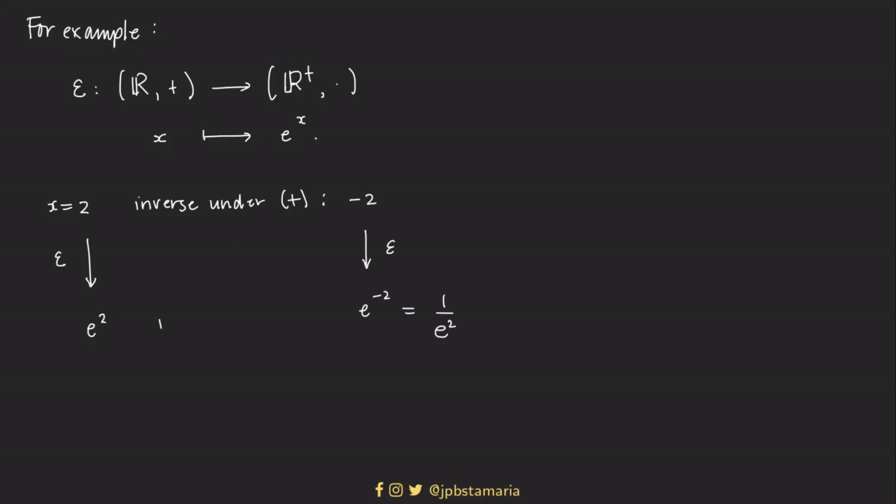So, yung inverse under multiplication ng e squared ay 1 over e squared. Yun yung ibig sabihin natin when I say epsilon of the inverse of 2. In this case, ang inverse nga lang kasi negative 2. No? So, tatandaan nyo, although in my theorems, notations being used are multiplicative, pero babaguhin nyo siya just in case that the operation is addition, o depende kung anong group yung pinag-uusapan.